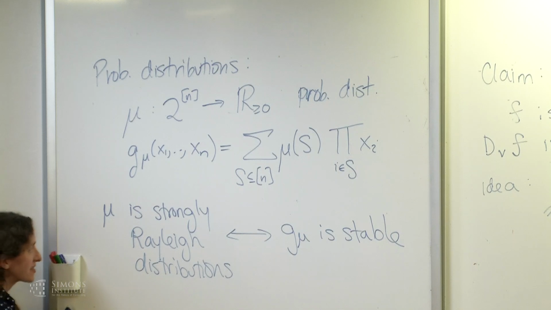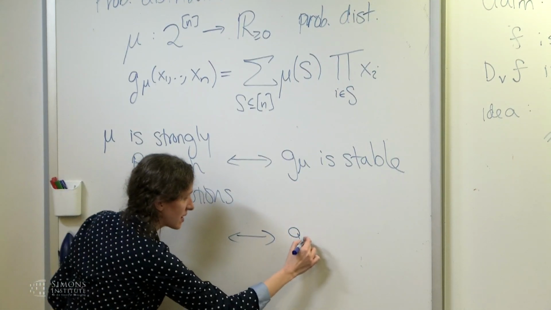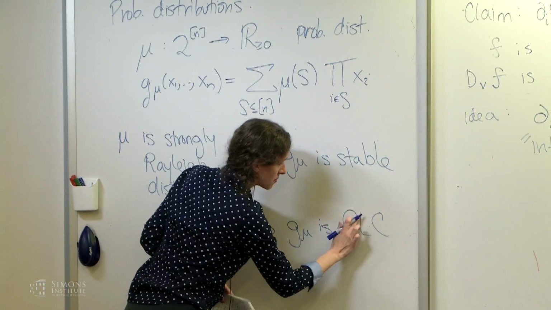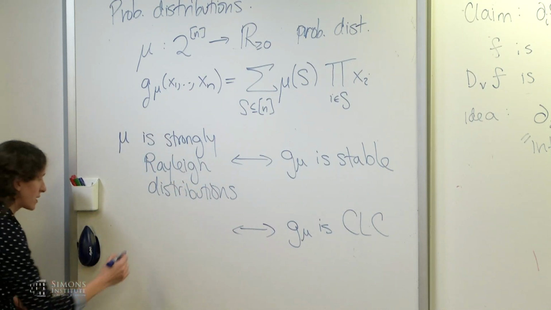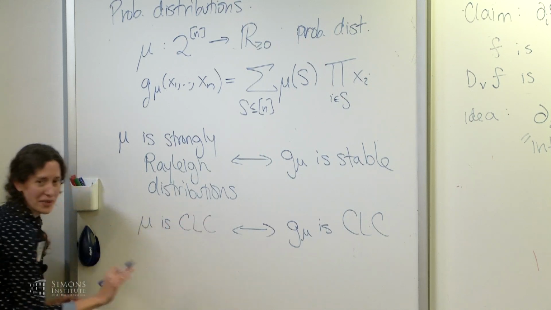And so the analogous thing to do is to put down the condition that this generating polynomial is completely log-concave. We're lazy with our terminology, we could just say it's completely log-concave.